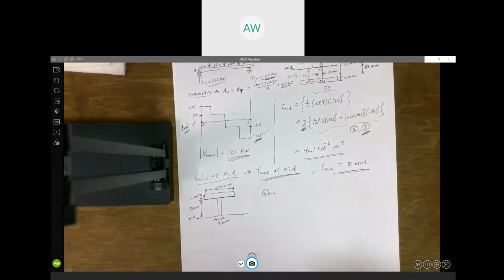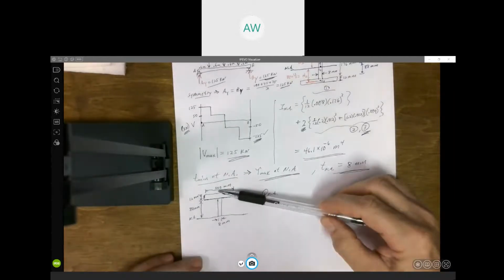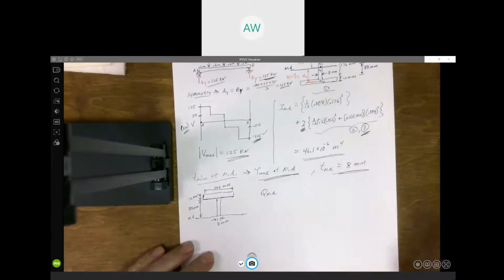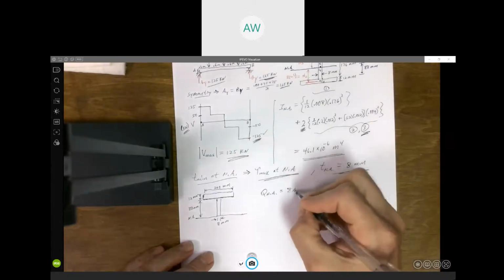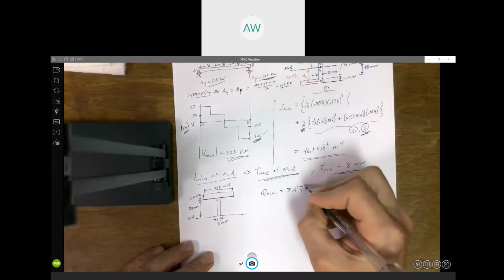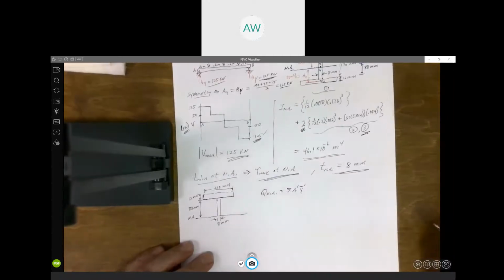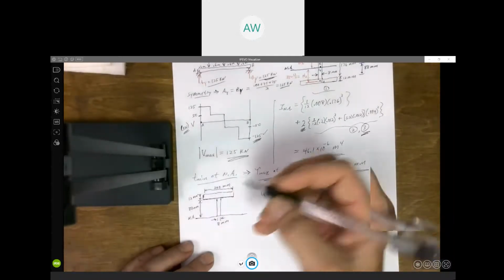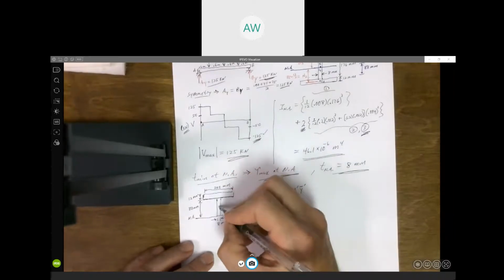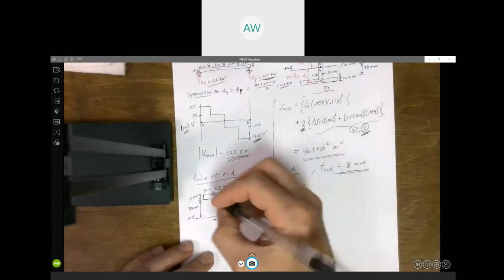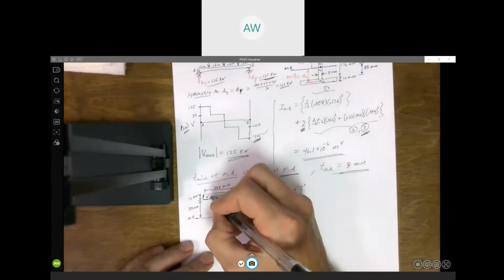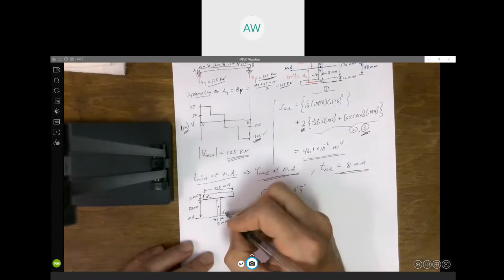So we draw all the area above the neutral axis, right? This is going to be my A prime. Now, we're going to have to break this up into two rectangles, right? So we'll call this A prime 1, and up here we'll call this A prime 2. So we got two rectangles.